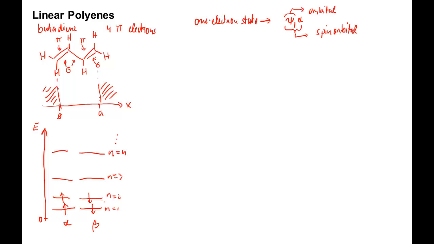The highest occupied state has quantum number n equals 2, and it's called the HOMO, the highest occupied molecular orbital. The lowest unoccupied state, which has n equals 3, is called the LUMO, the lowest unoccupied molecular orbital.